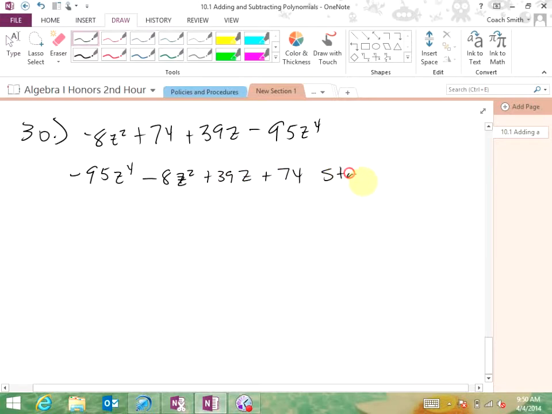This is standard form. So what is the leading coefficient now? Negative 95. What is the degree? Quartic. And what is the terms?